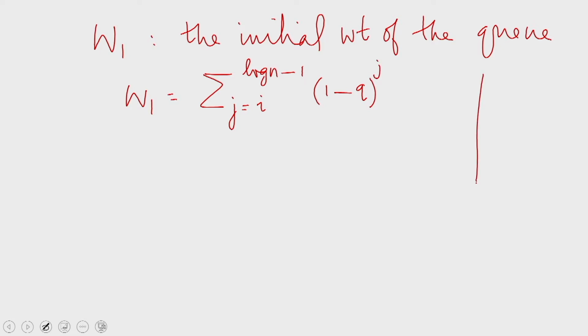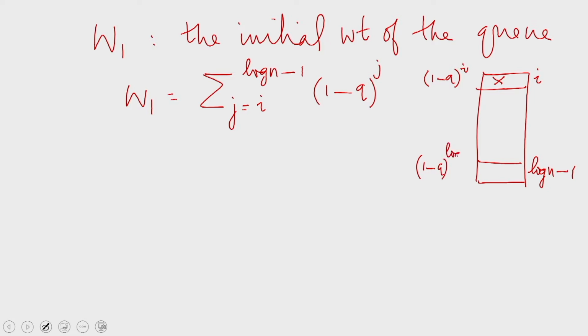That is, we are looking at a queue in which we are at a depth of I, and the lowest node is at a depth of log n minus 1. All the previous nodes have been removed. This is the node that is being removed now. So, this node has a weight of (1 minus q) power I. The last node has a weight of (1 minus q) power log n minus 1.